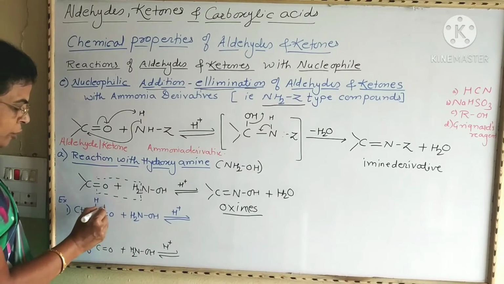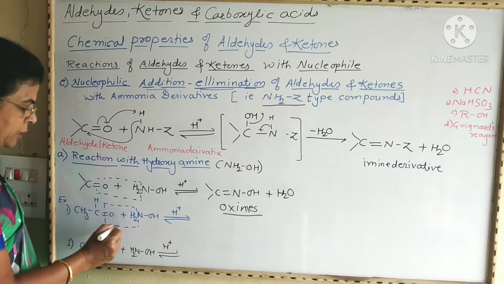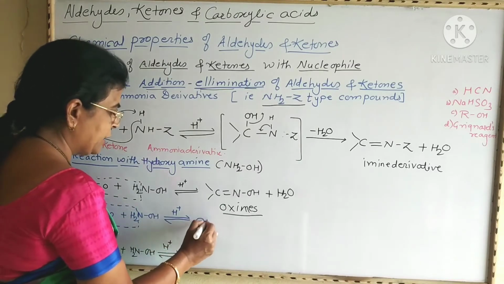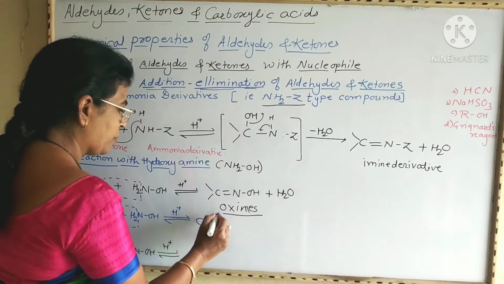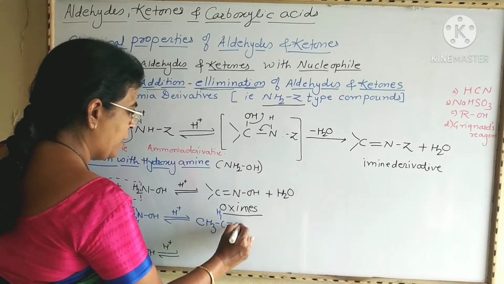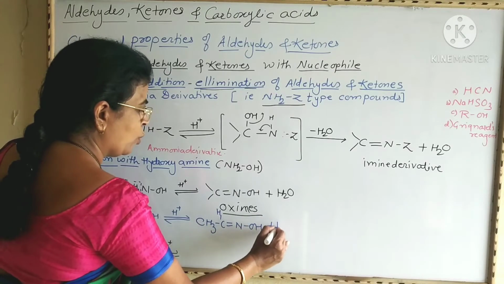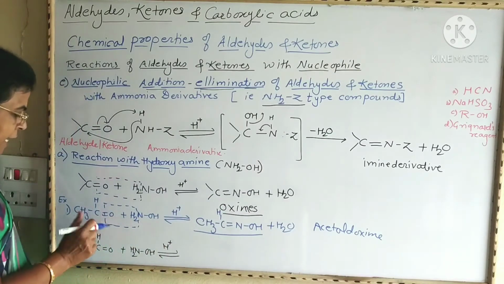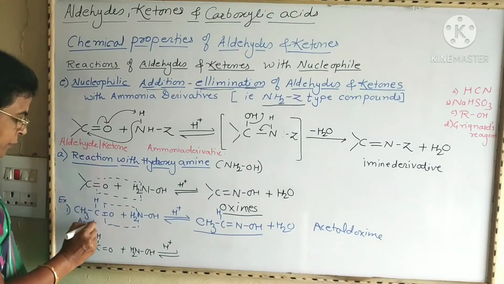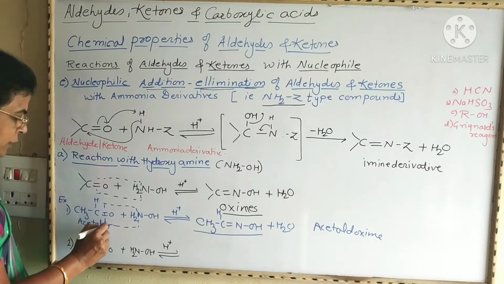That is, removal of H2O takes place, and we get here CH3, C, H, double bond N, OH plus H2O. The name of this compound is acetaldoxime. From acetaldehyde it is obtained, therefore the name of this compound is acetaldoxime.